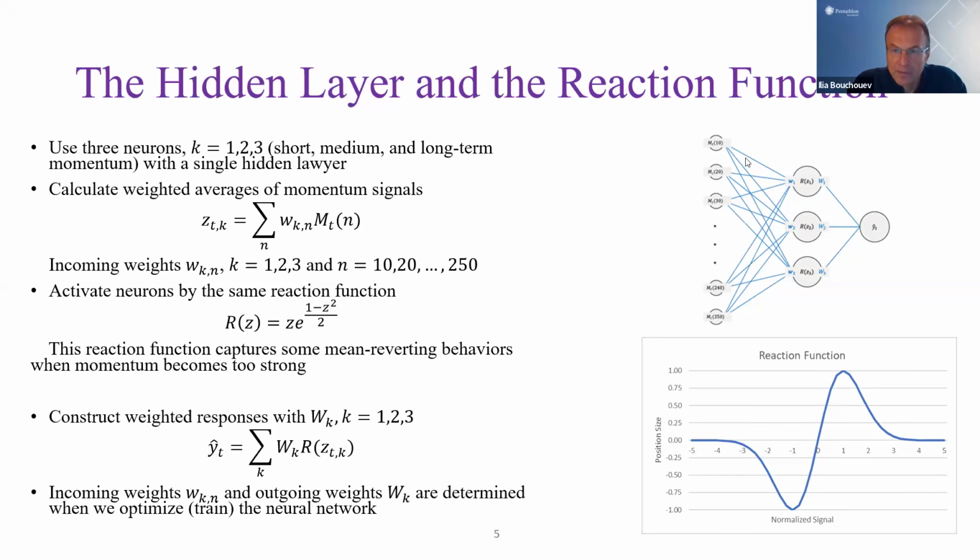So we have 3 times 25, which is 75 incoming weights, and 3 outgoing weights, for a total of 78, which we are now going to train. We're going to find these weights in such a way that our model's estimate matches the actual observed data as closely as possible.